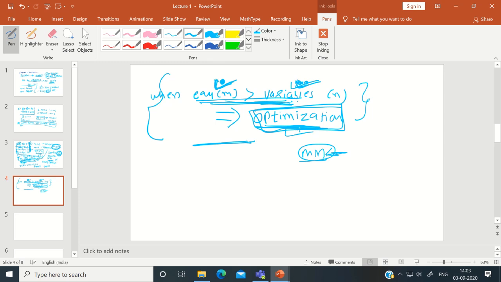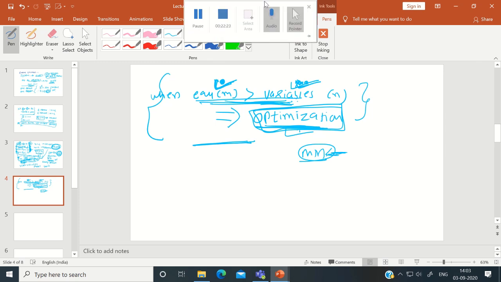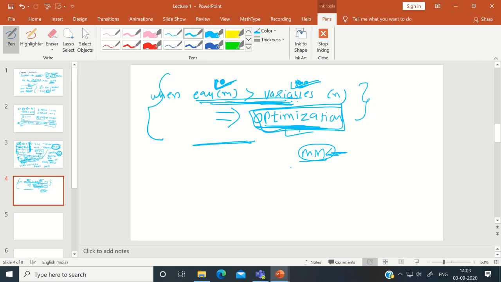Now as I told earlier, the history of optimization is very old. Over many years, various optimization methods have been proposed by various scientists.